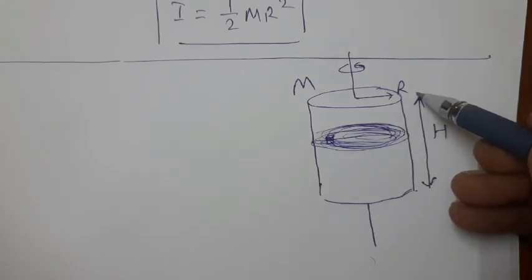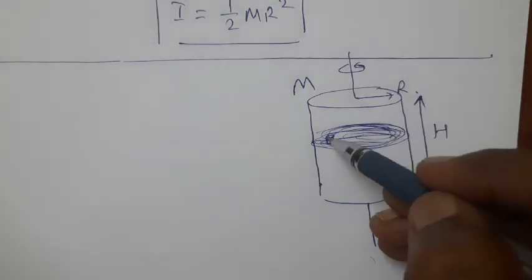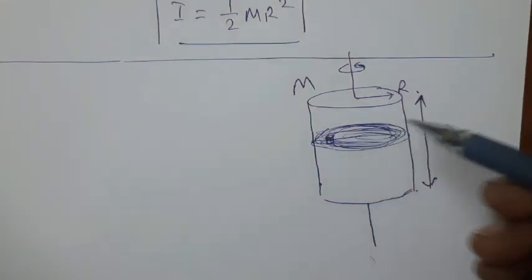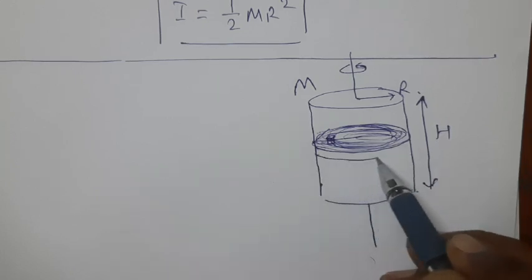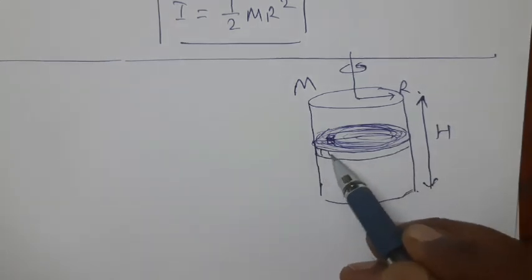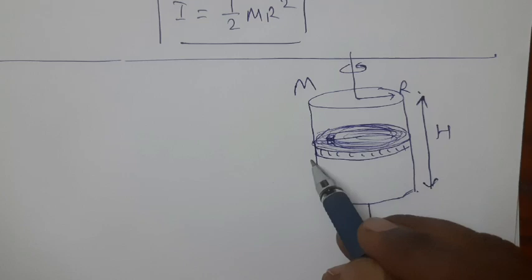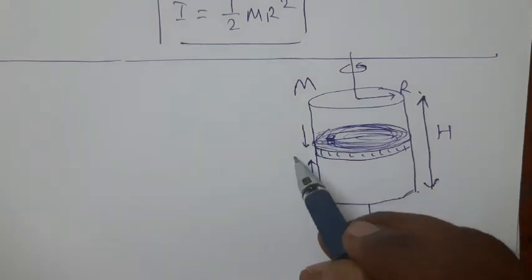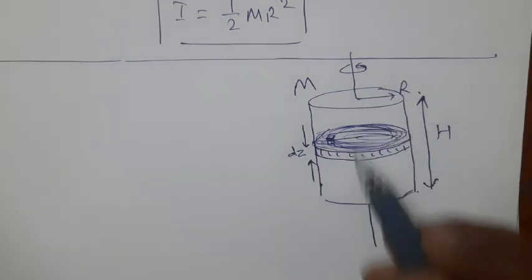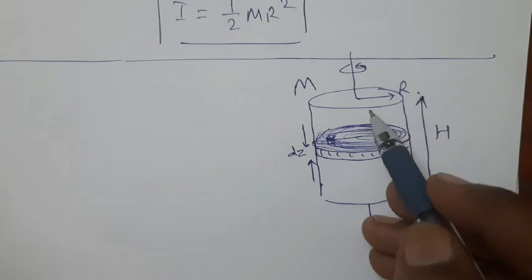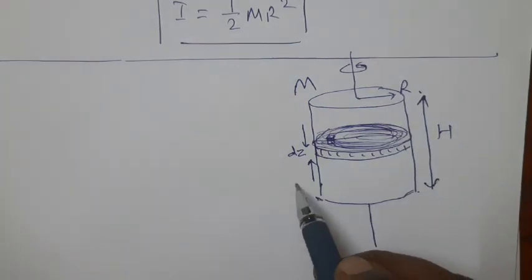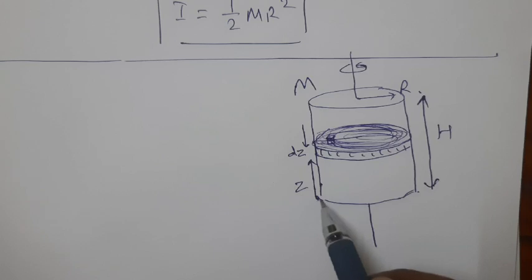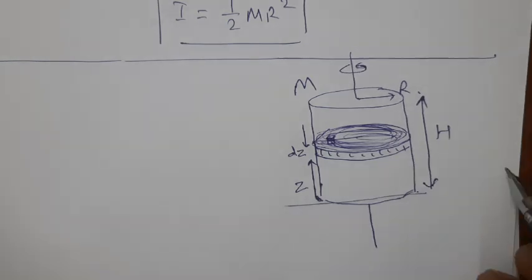Therefore, instead of dividing this cylinder into a number of small point elements, I will divide this into a disk of very small thickness dz, because this is the vertical axis which is assumed to be the z axis, at height z above the base of the cylinder.